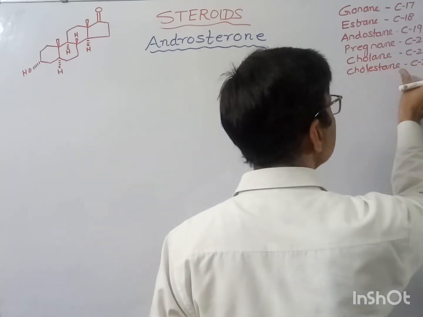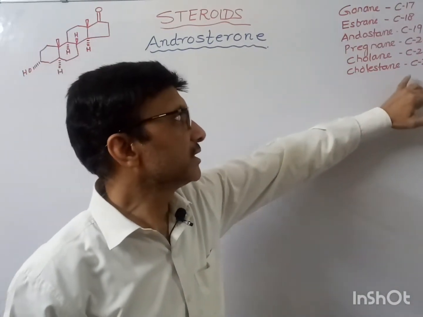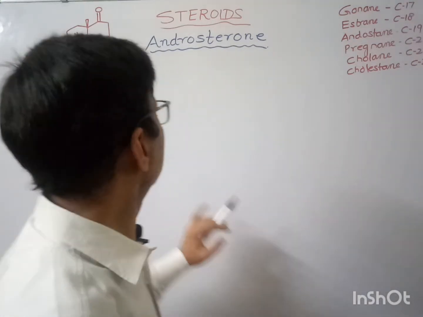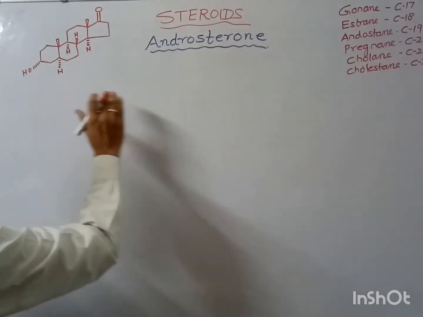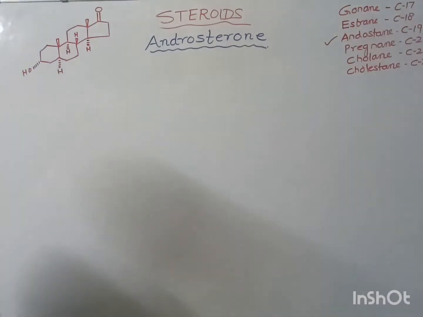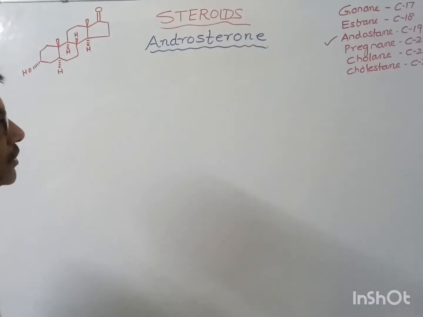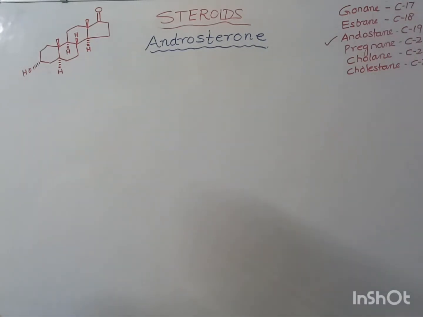So cholesterol is the C27 nucleus, and we have already discussed cholesterol having 27 carbon atoms. So this is the structure of androsterone, and having C19 means the number of carbon atoms present in androsterone is 19, or it is an androstane derivative. So let's discuss the structural elucidation of this androsterone.